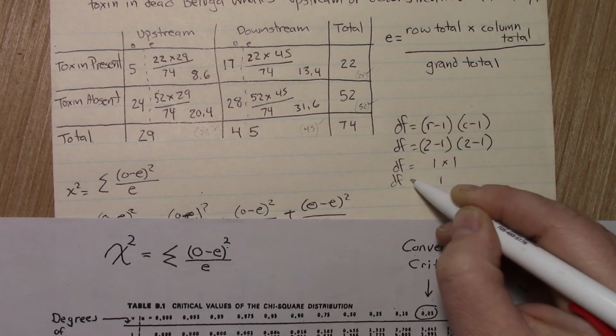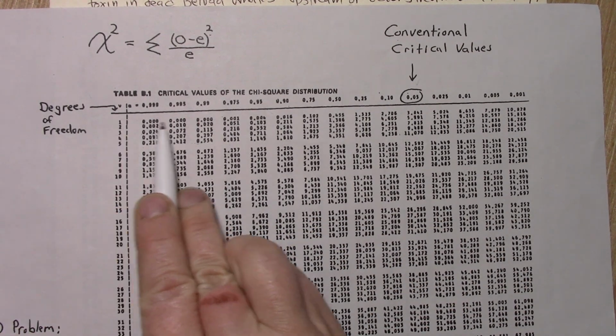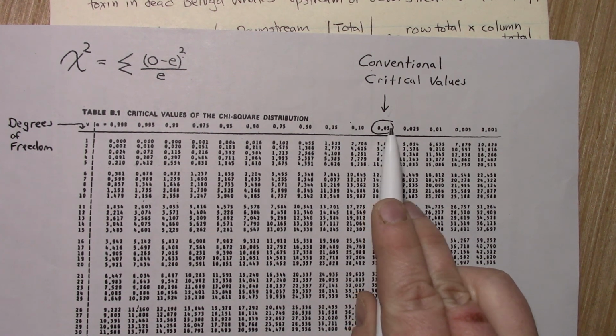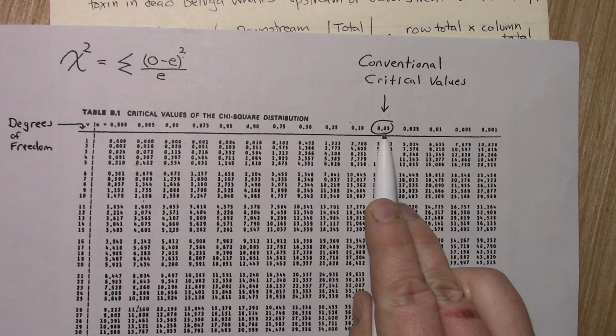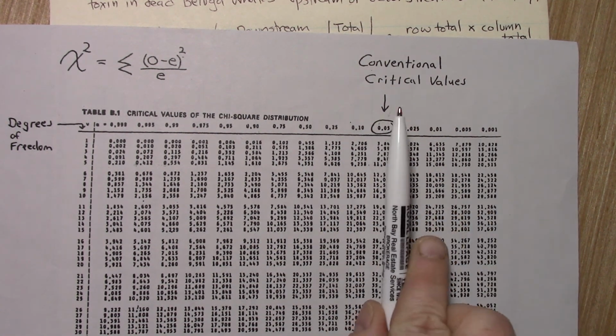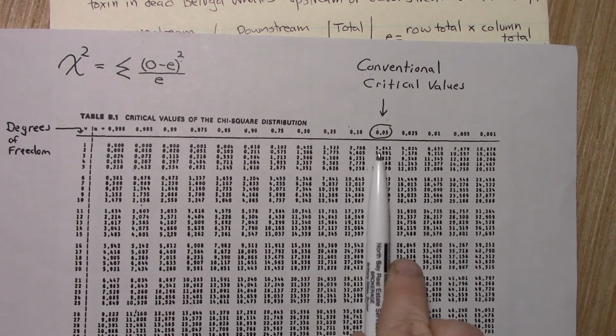Pretty easy. Which means up here, we're on the first row. And remember, this is 0.05. This is our alpha. This is the acceptable amount of error. This is the amount of error that scientists have agreed upon across the board. So this is our critical value. And this time it's 3.841.